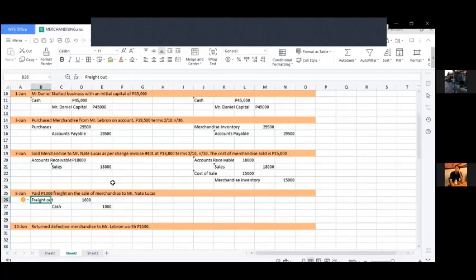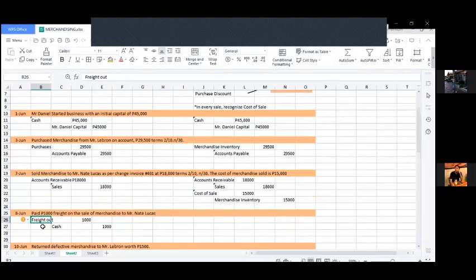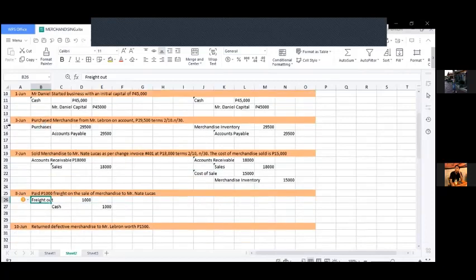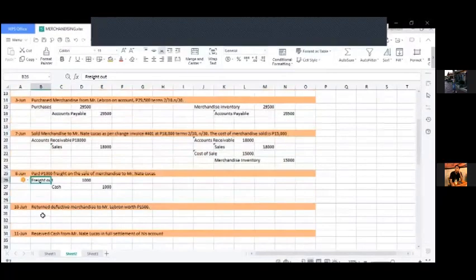So, noong June 10, nag-return tayo ng defective merchandise to Lebron worth 1,500. So, sino ba si Lebron? Yung may kinalaman yan sa transaction number 2. Nag-purchase tayo dito sa transaction number 2. So, ano yan?